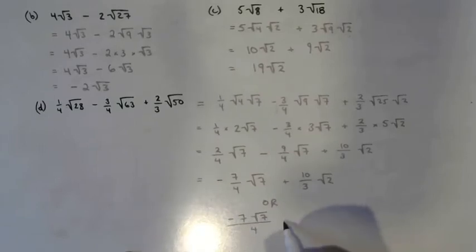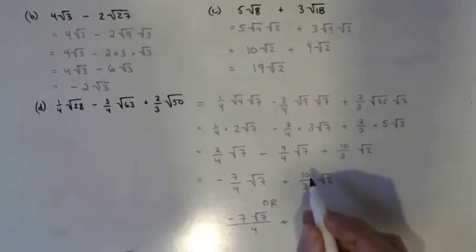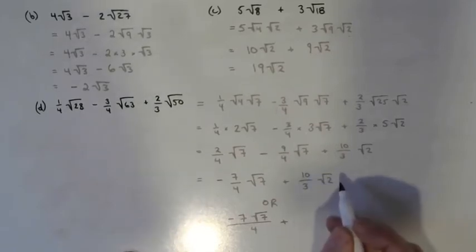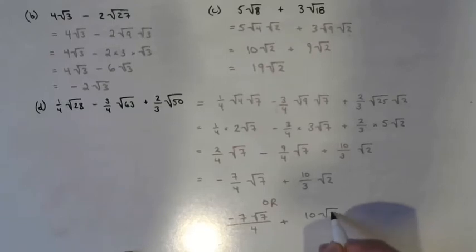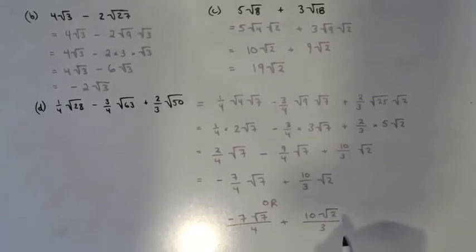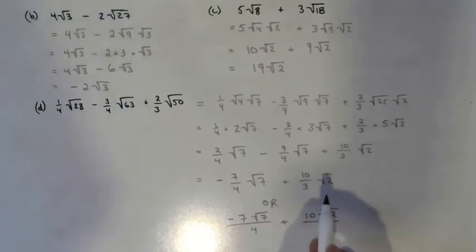I get the same answer. Same with this term over here. Right now it says do 10 divided by 3 and then multiply by radical 2. But that's actually the exact same as doing 10 radical 2 over 3. Okay? These are the exact same values, exact same answer, just a different way to write it. You need to be familiar with both.